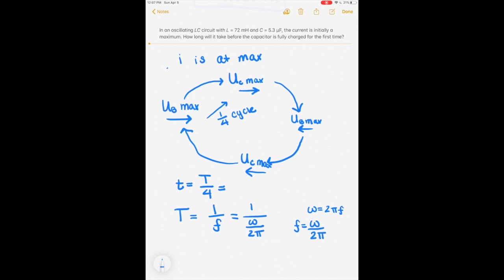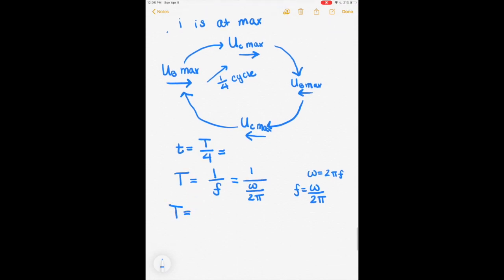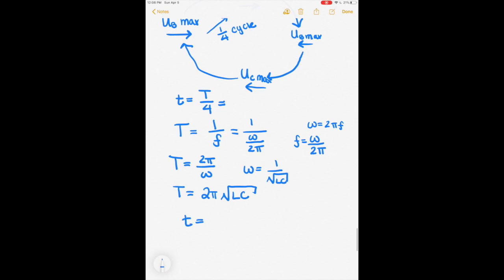Then we can move 2 pi to the numerator, and we have omega in the denominator. Omega is equal to 1 divided by the square root of LC. So our period is going to be 2 pi times the square root of L times C. Now we can plug in our values, because the time it takes is equal to the period divided by 4.